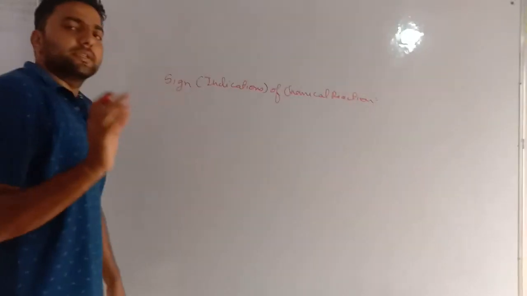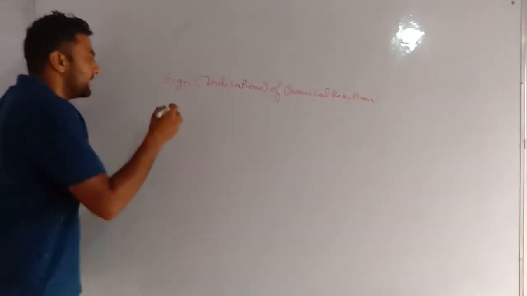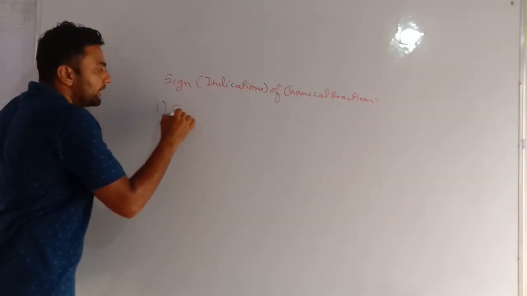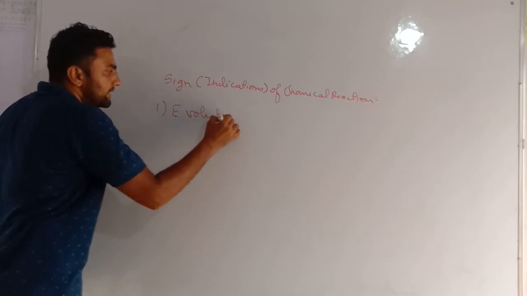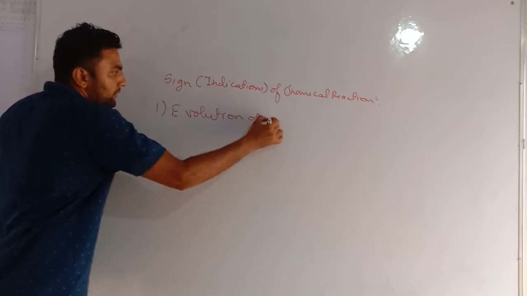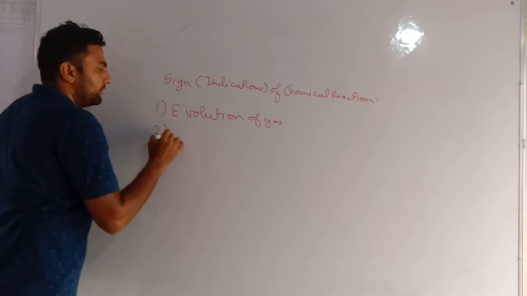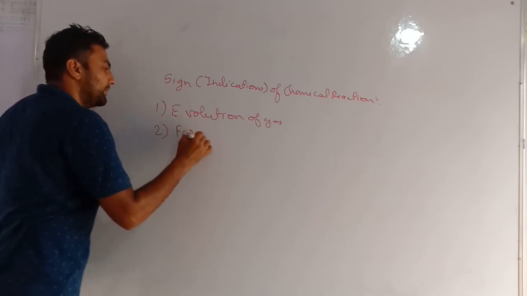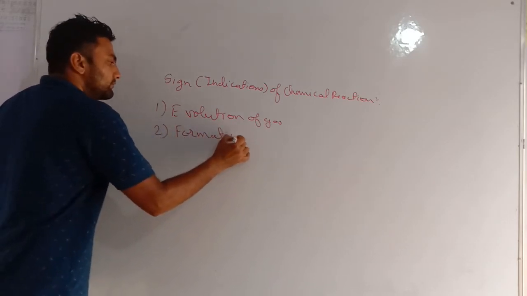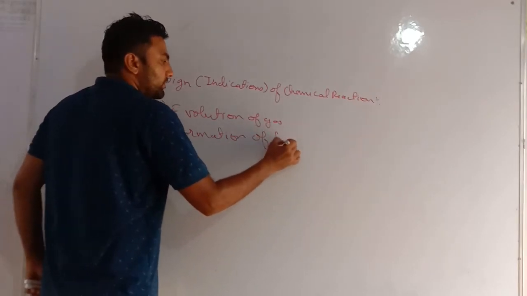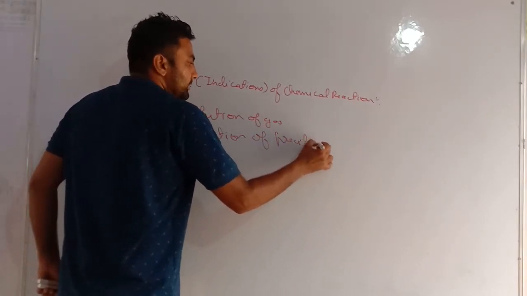If a chemical reaction is happening, what hint or signs I get is that I will get evolution of gas. Second one is formation of precipitate.